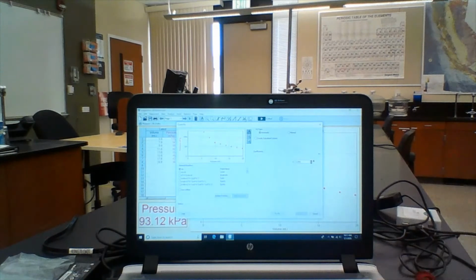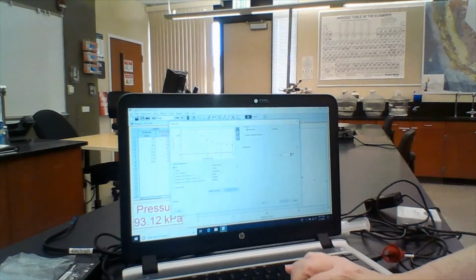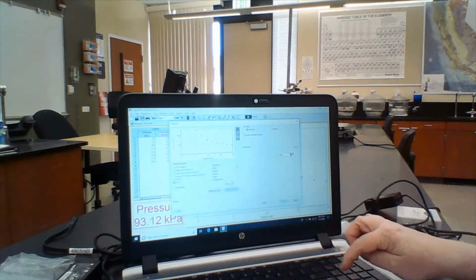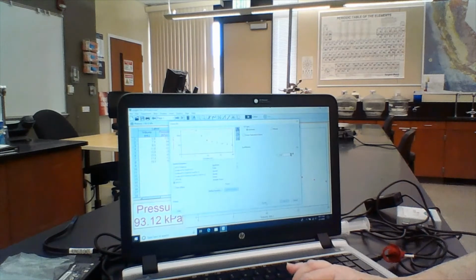We're going to try 1, and then we're going to try -1. If 1 works, then it's a direct relationship. Let's try the fit.